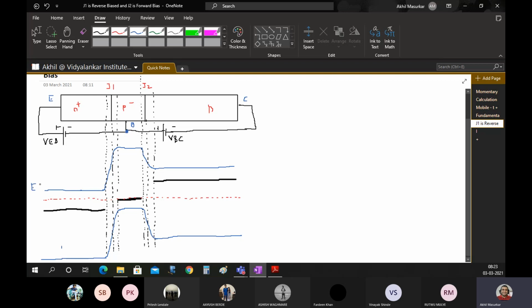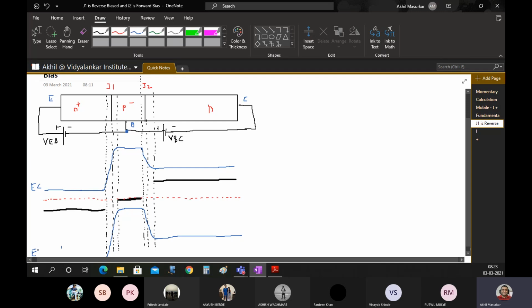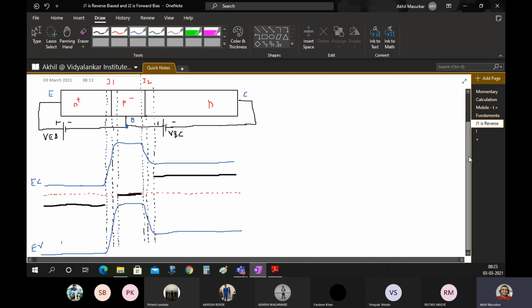So this is your EC, this is your EV, and this is EFN, this is EFN plus I, right? Here this fall is because of this voltage Q times VEB, and this is Q times VBC.